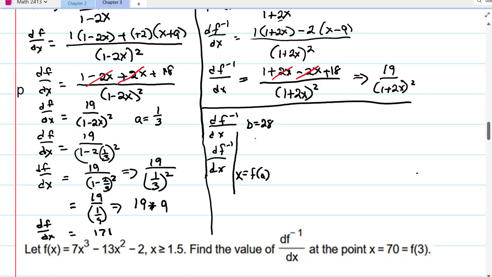And that's going to give us 19 over (1 plus 2 times the 28), and this whole thing is squared. This is 56, so that's going to make it 57 squared. All right, let's see what we got here on a calculator.